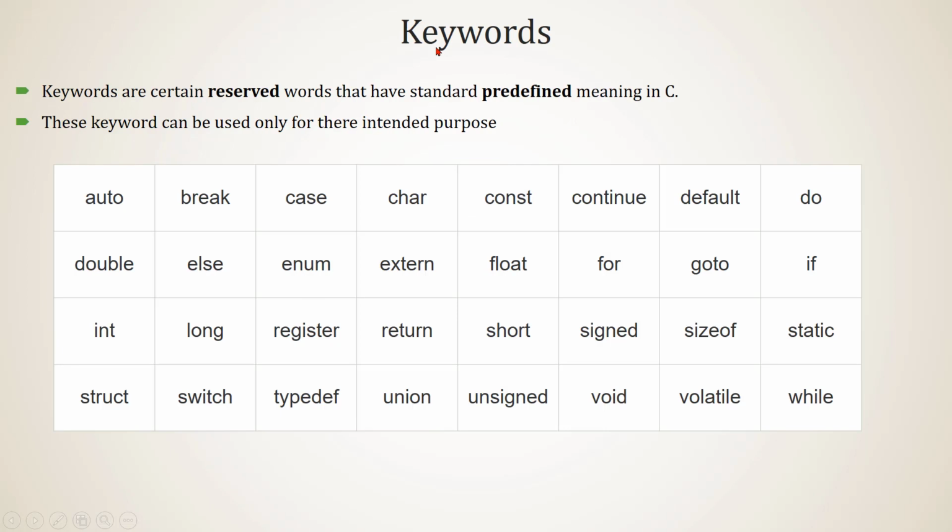First one is keywords. Keywords are certain reserved words that have a standard predefined meaning in C. These keywords can be used only for their intended purpose. So keywords means already defined words. In English language also, there are some already defined words. For example, elephant.